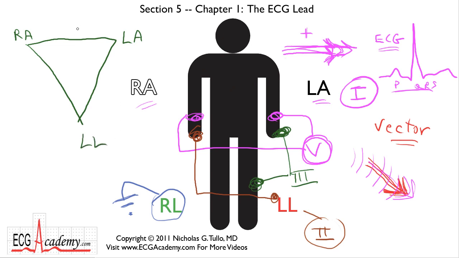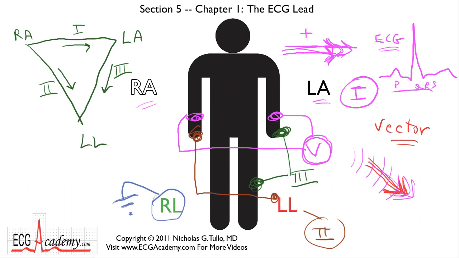What he described was lead 1 being from the right arm to the left arm, lead 2 being from the right arm to the left leg, and lead 3 being in this direction from the left arm to the left leg. Now, this was Einthoven's triangle, and we're going to talk a lot more about this in the next lesson, but I want you guys to understand the concept behind each of these leads.